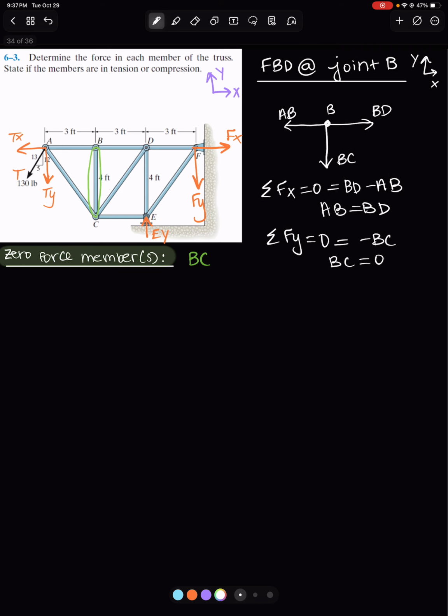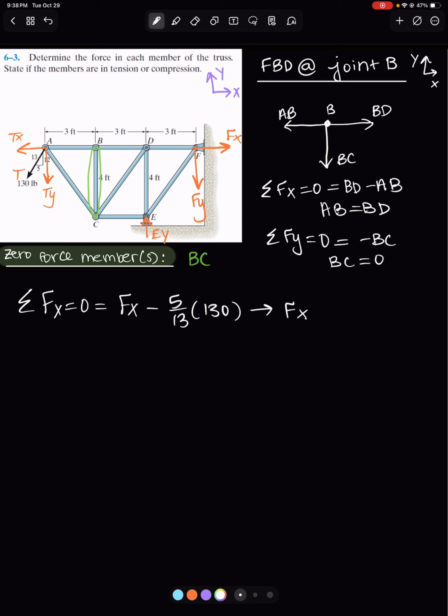Alright. So the sum of the forces in the x direction equals 0, which equals Fx minus 5 over 13 times 130 from our slope triangle for the 130-pound force.